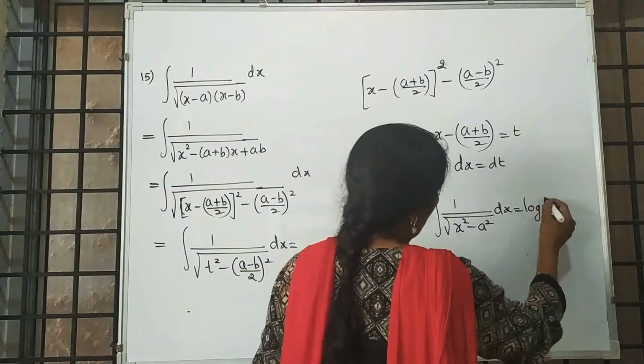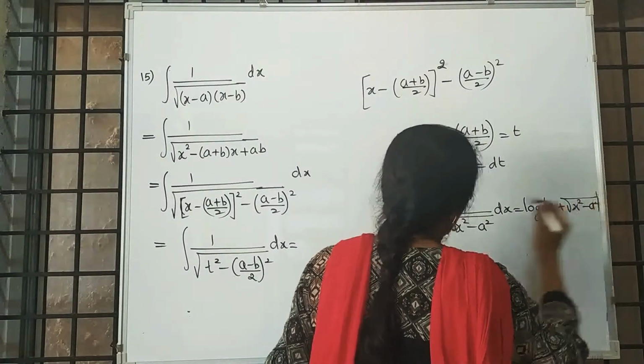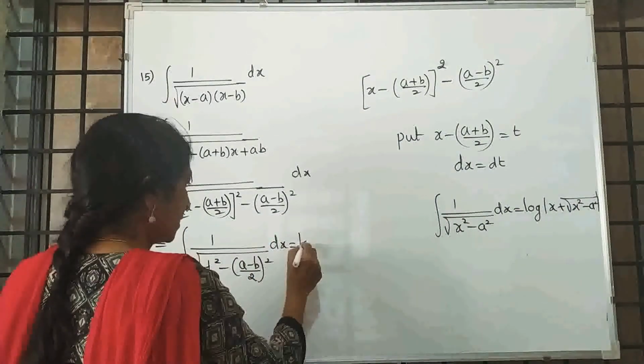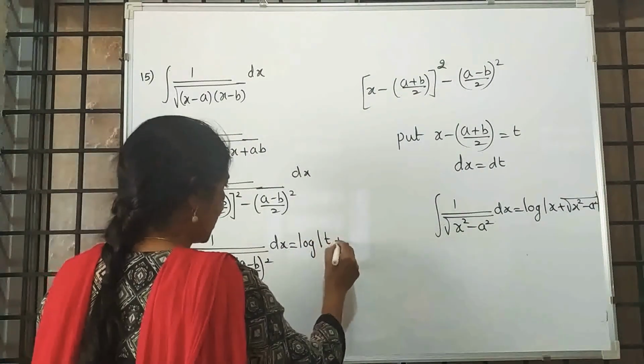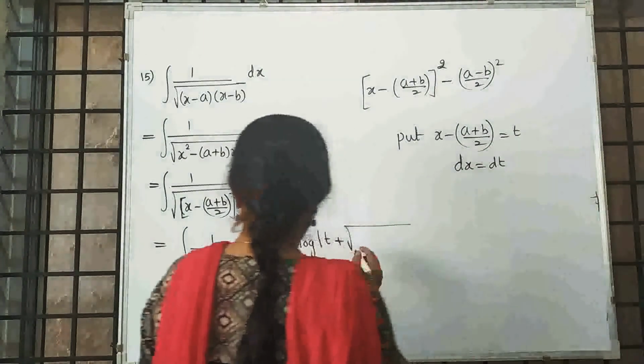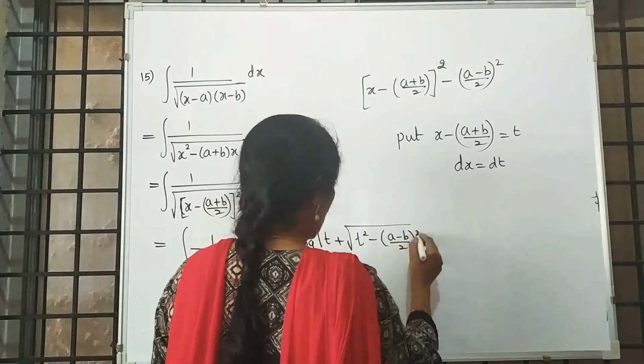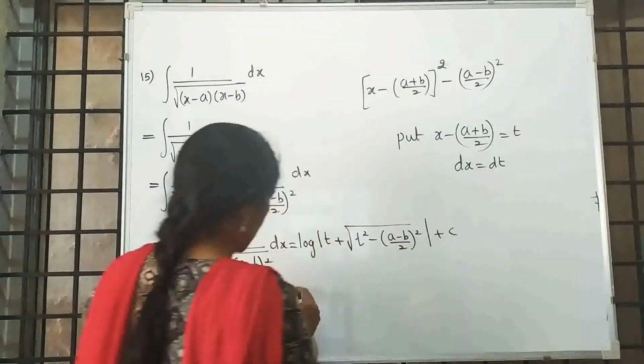That is log of x plus root of x square minus a square. It is log of t plus root of t square minus ((a minus b) upon 2) whole square, plus the relevant t value.